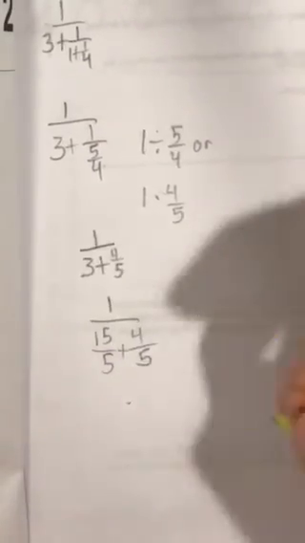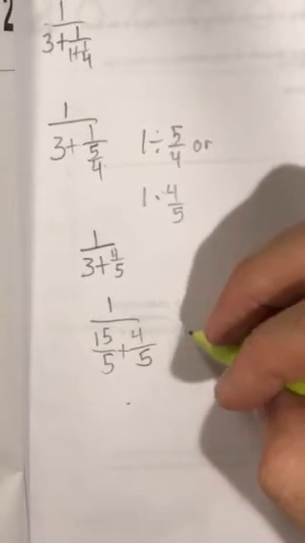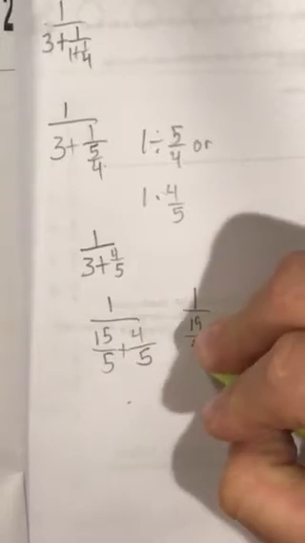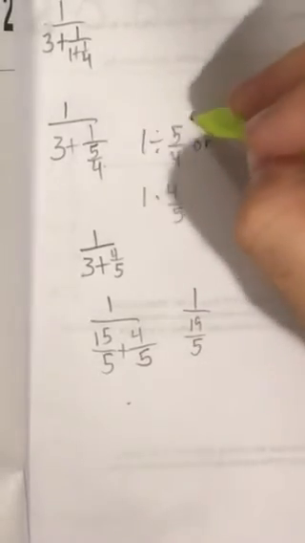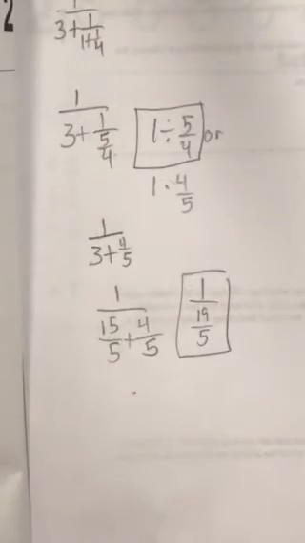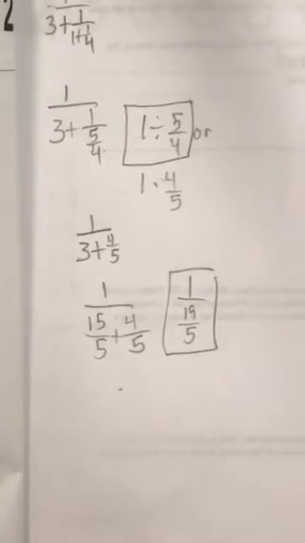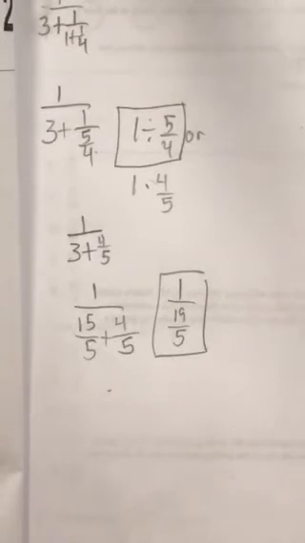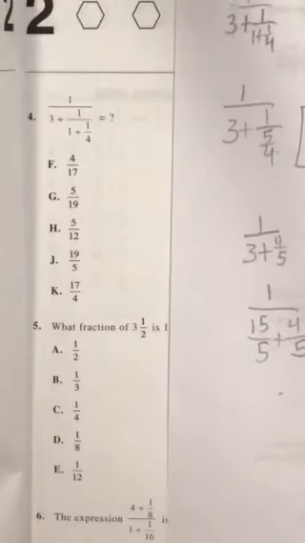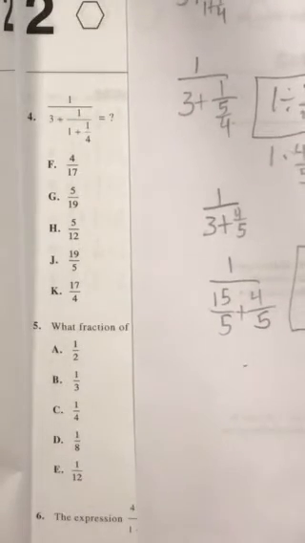So 1 and 15 over 5 plus 4 over 5, I have 1, 19 over 5. What I did up here, I'm doing down here. That's why I did it. So you take it from this spot, and if you want to know if you got the right answer, come and see me tomorrow. Come and see me and let me show you, yes, you got this right, or no, you didn't.